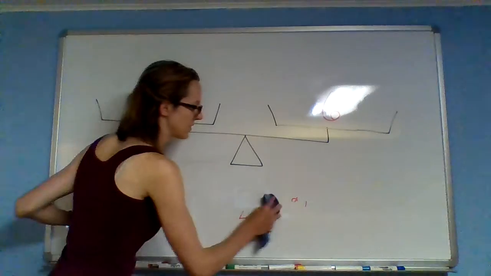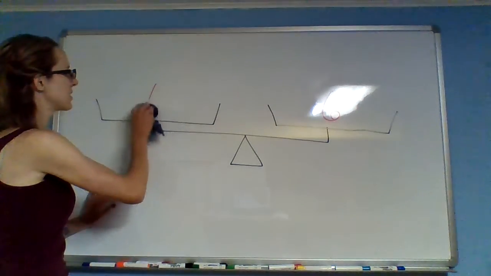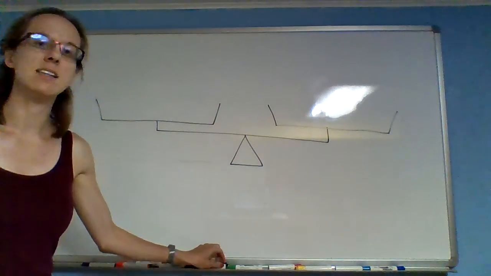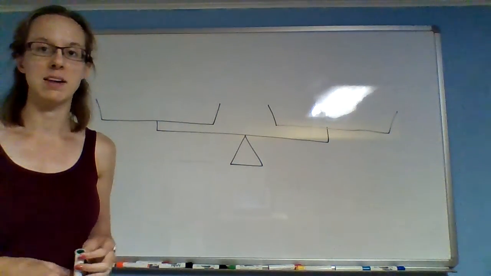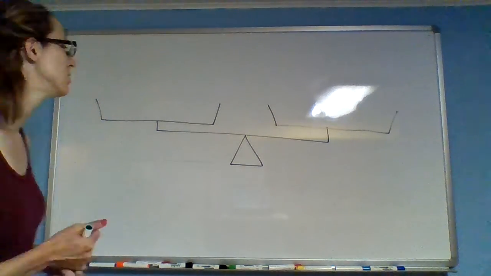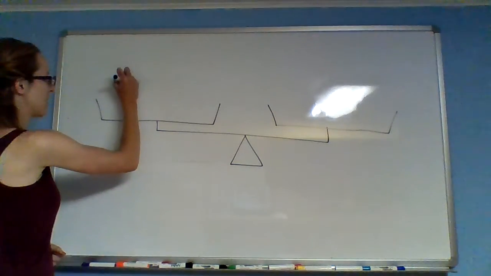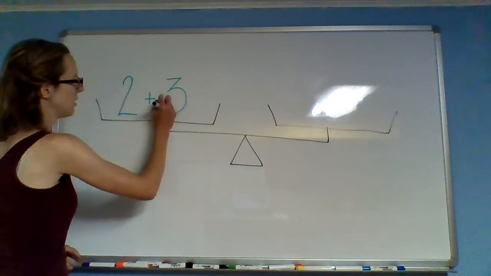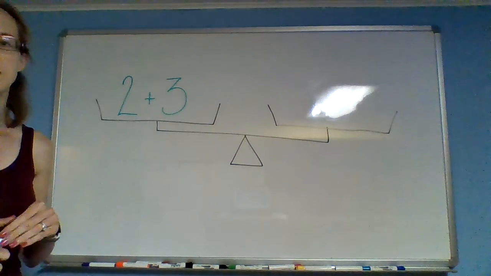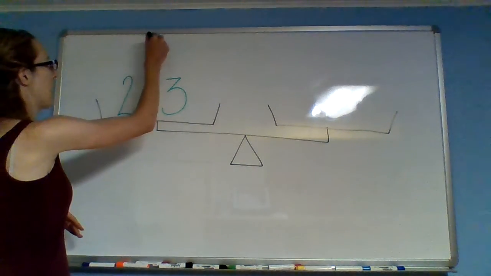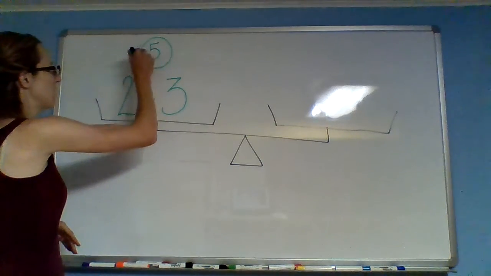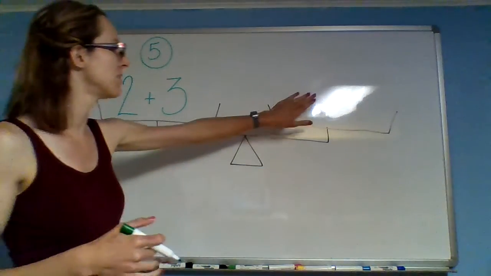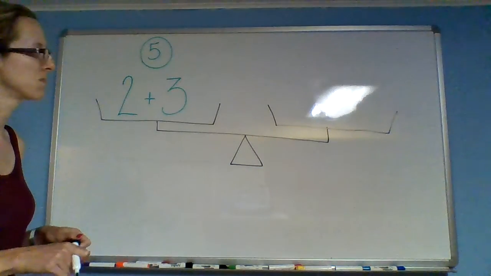Today in your digital activity, your goal is to put together balanced balances. You're going to do this by finding addition problems and subtraction problems that are the same or equivalent. So for example, if on this side of the balance I had the problem 2 plus 3, I would first need to solve that to know that on this side of the balance I have a total of 5 things. Now I need to think about other ways I could make 5 to put on this side of the balance.